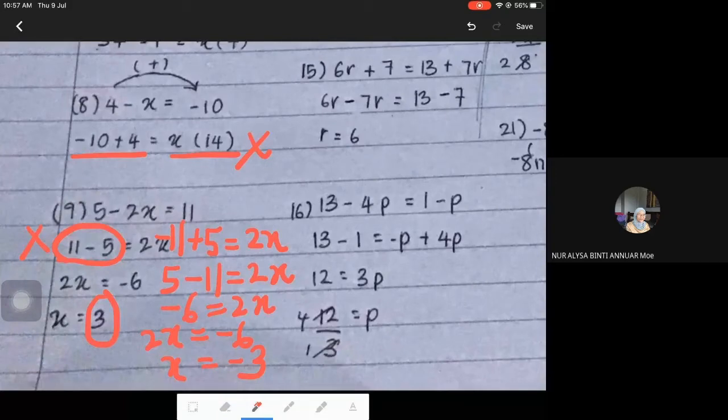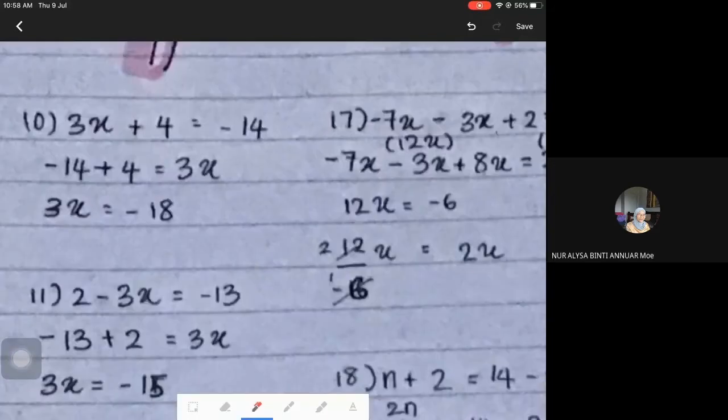Siapa nama ni? Fatin kan? So Fatin, the way you arrange tu dah macam tak berapa tepat lah. Walaupun sini you dapat betul and then sini you dapat salah balik. Okay, that's number 9. Orang lain yang buat kesalahan yang sama pun observe lah. Kalau salah just bulatkan and then just write the correction on the side near the wrong one.